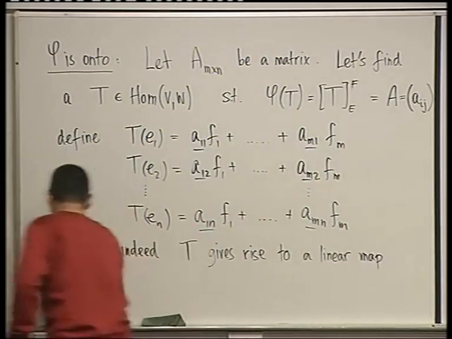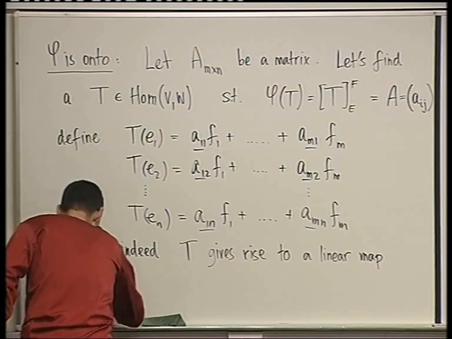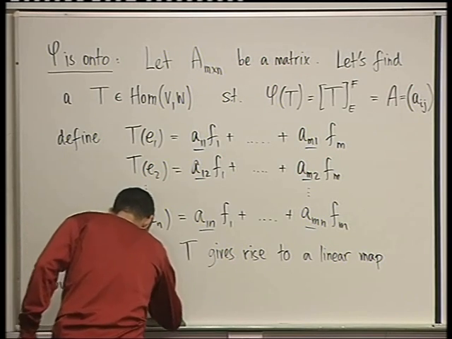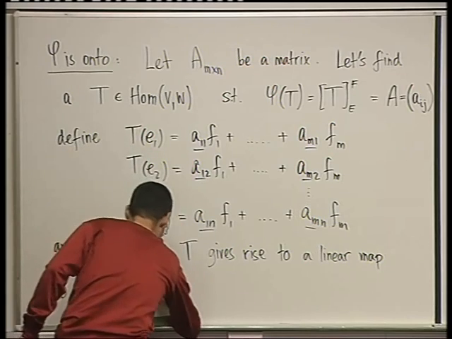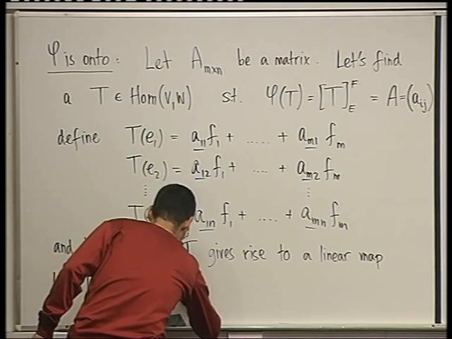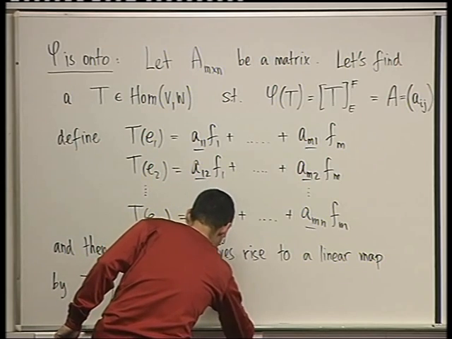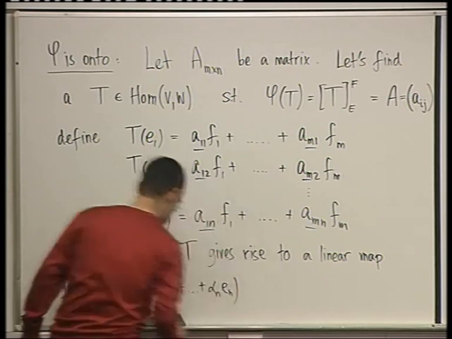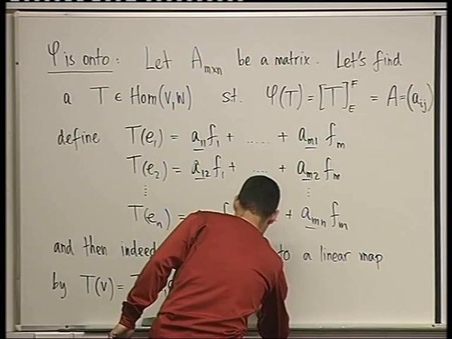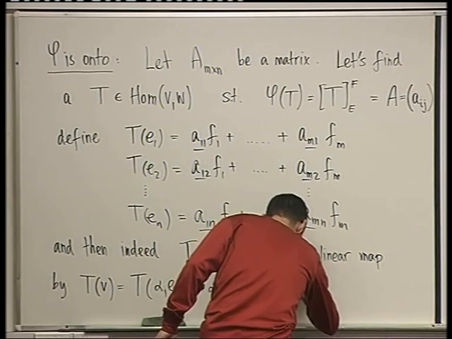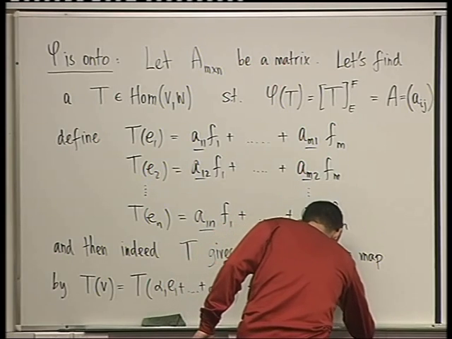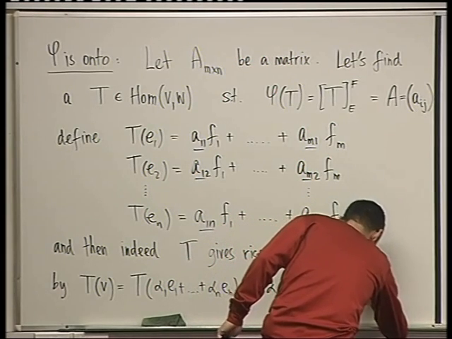I can add it by T of some vector V is T of, write the vector V as alpha 1 E1 plus dot dot dot alpha n En, and define that to be alpha 1 T of E1 plus alpha n T of En.